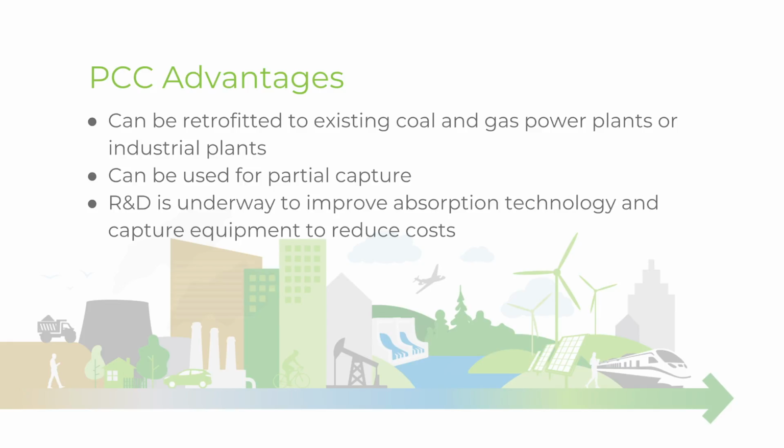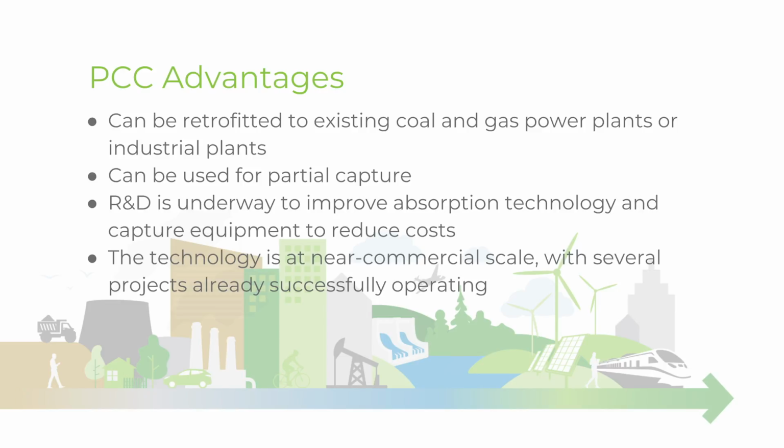There are widespread R&D efforts underway to improve absorption technology and capture equipment that should reduce costs. Finally, the near commercial scale demonstration of PCC is underway, showing the technology readiness of this carbon capture option.